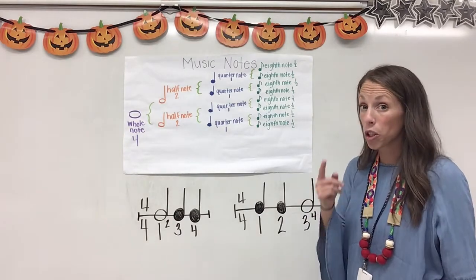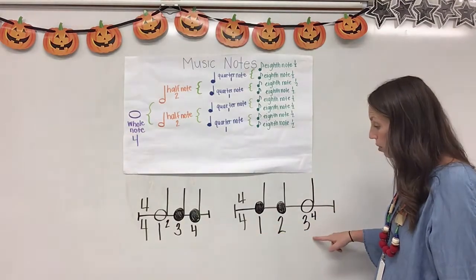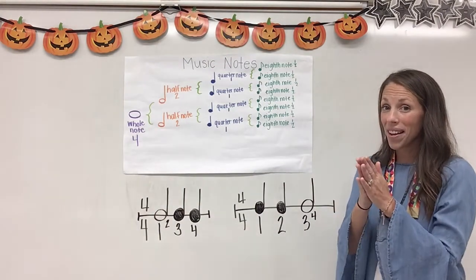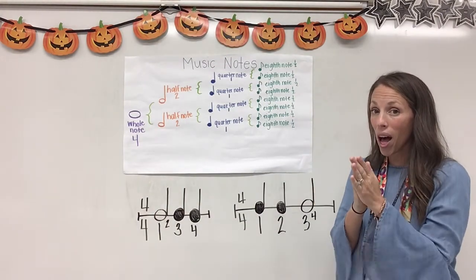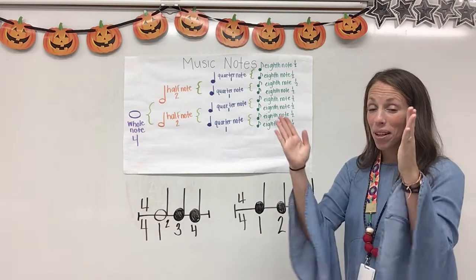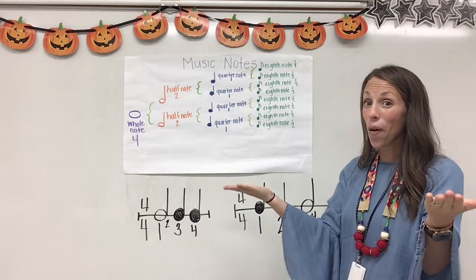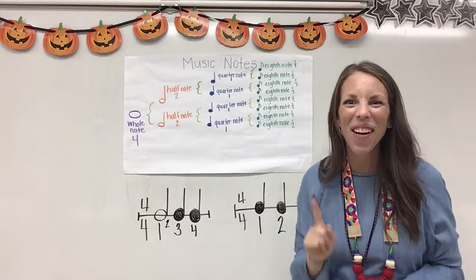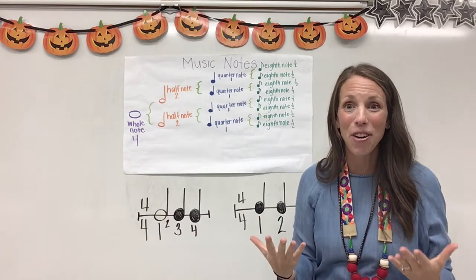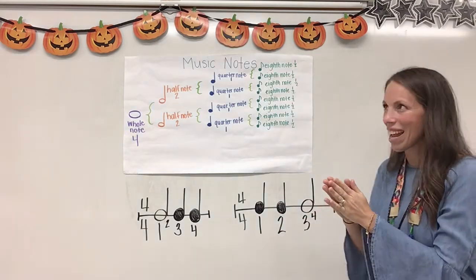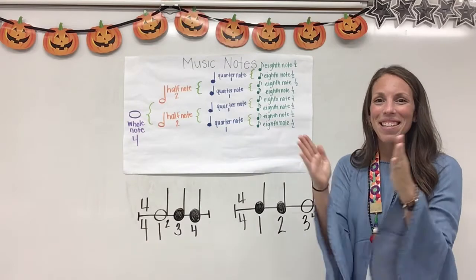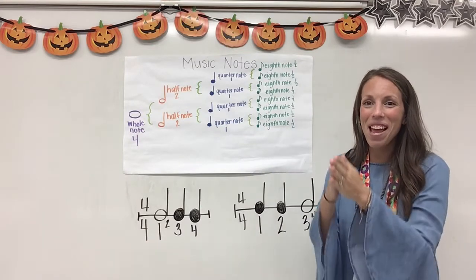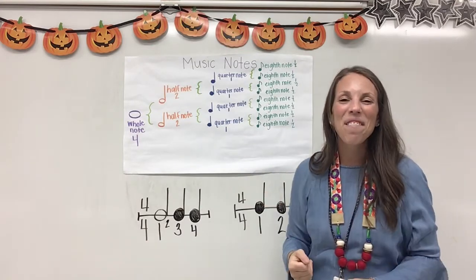So I want your eyes to follow the music. Ready? And 1, 2, 3, 4. Let's try that one more time. That was such great reading. Ready? And 1, 2, 3, 4.